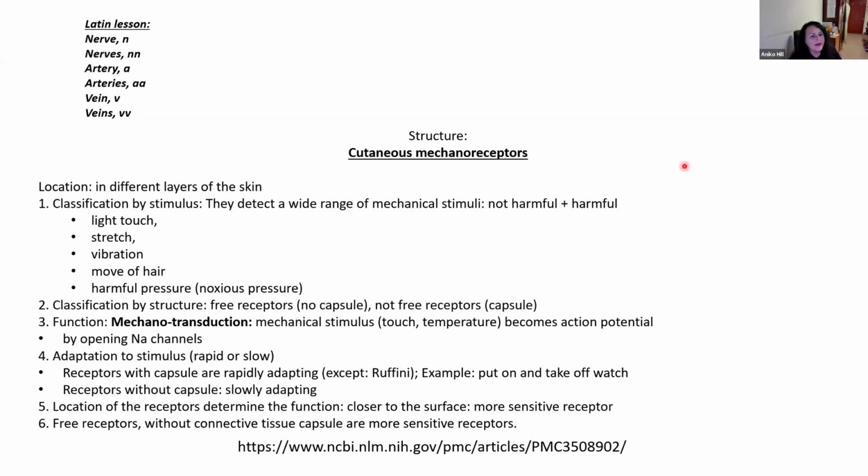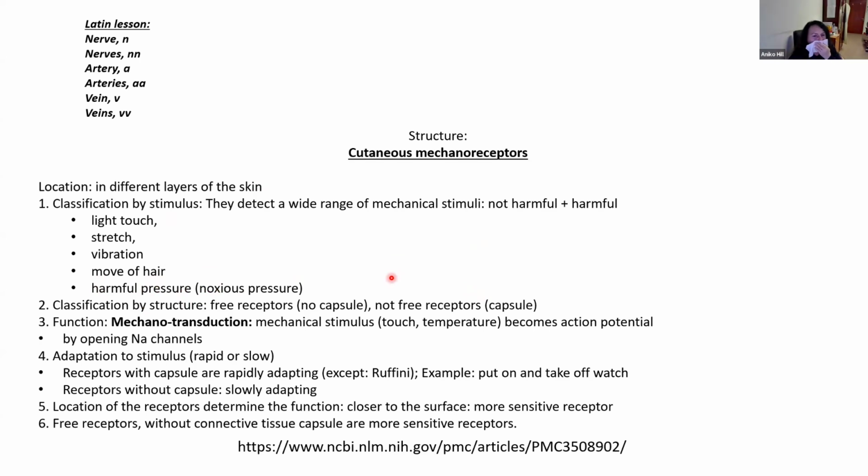And they can be in different layers of the skin. We can do classification of the stimulus. The stimulus can be, as I said, all mechanical. They can be harmful or not harmful, depending. Light touch, stretch, vibration, movement of the hair, and it could be, of course, harmful: pressure, hurting, piercing, and so on.